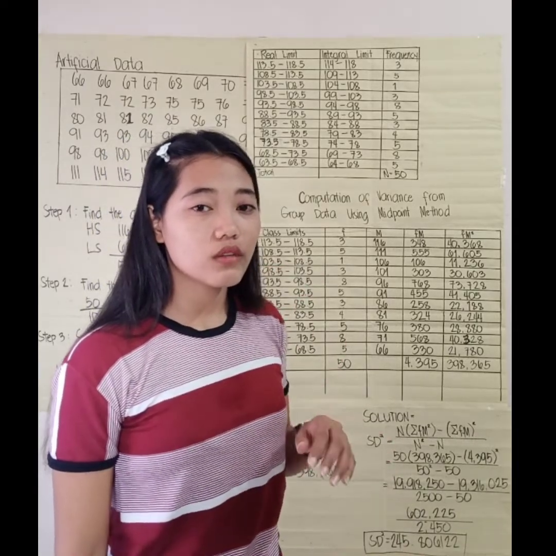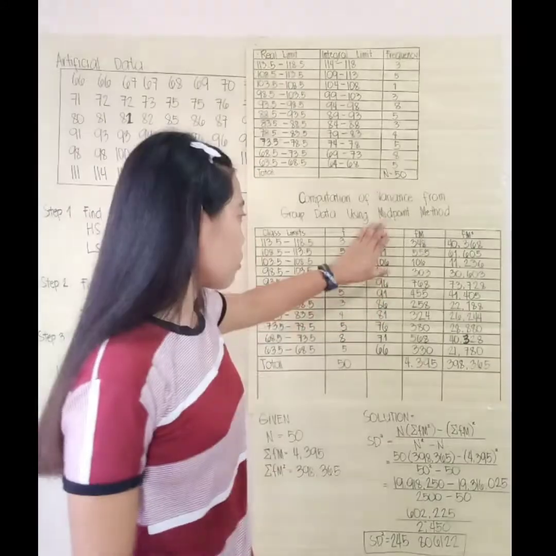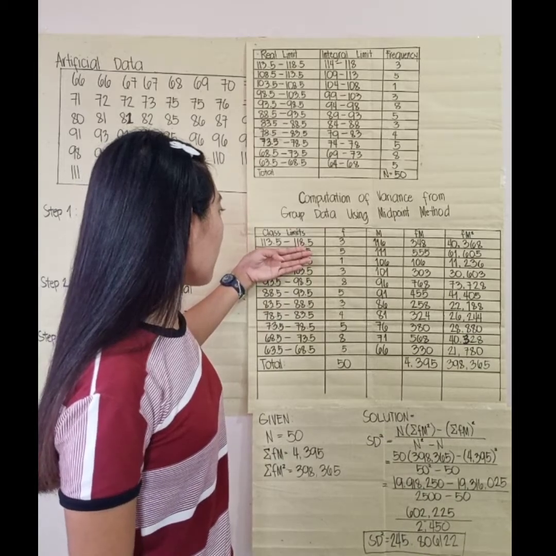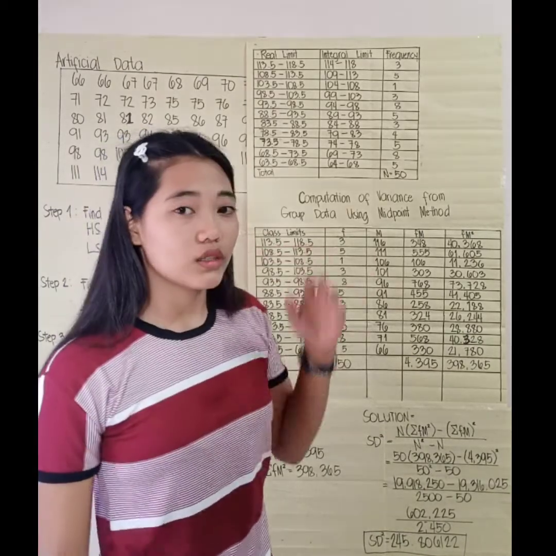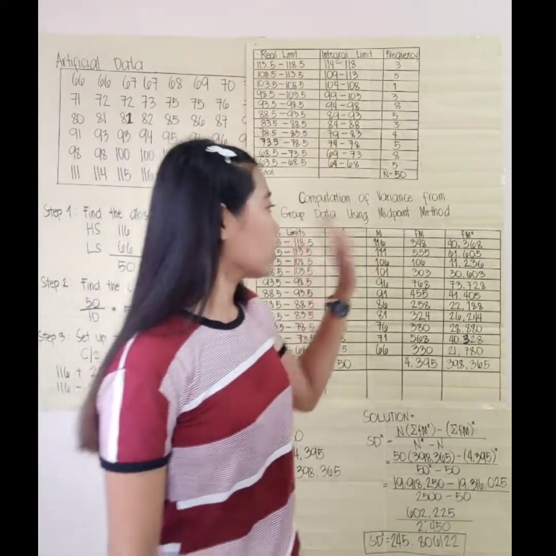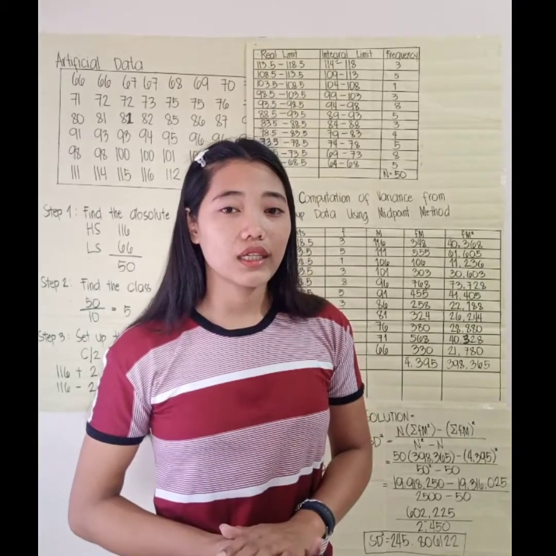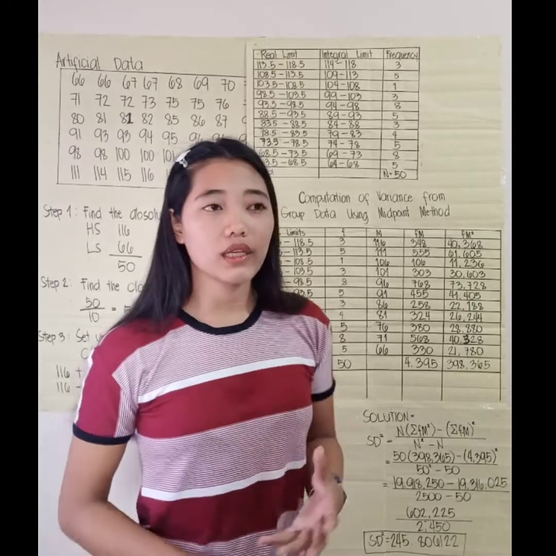So 212 divided by 2, the result is 106, and so on and so forth. Just get the sum of the lower class limit and higher class limit and divide it by 2 to get the midpoint.